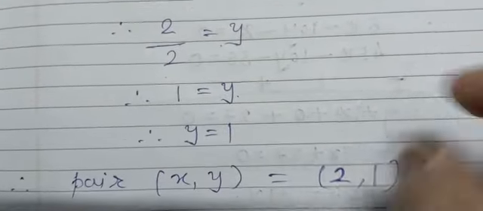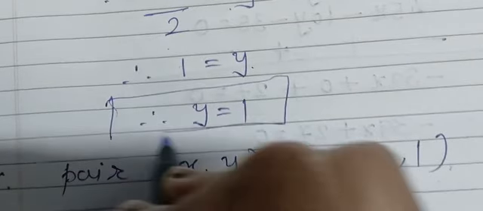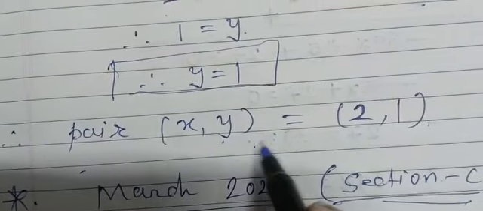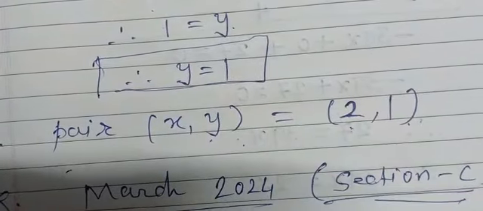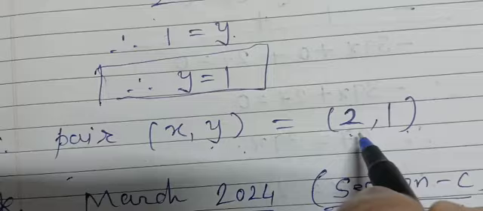I have taken this 2 from multiplication to division on the other side of the equal sign. 2 by 2 equal to y. Therefore y is equal to 1. Now we have both values: the pair x, y is equal to 2, 1. x is equal to 2 we already found out, and y is equal to 1.